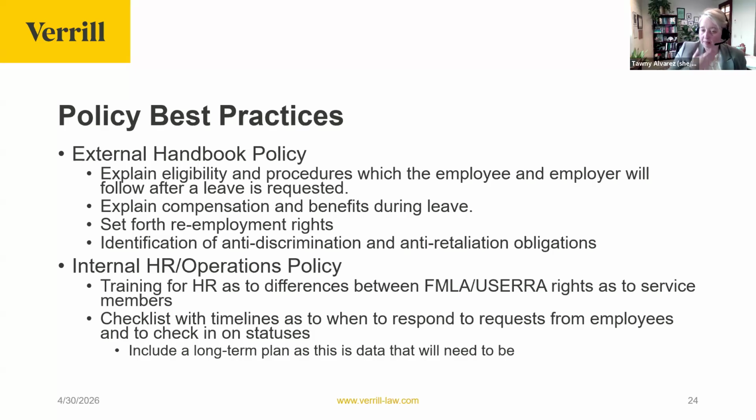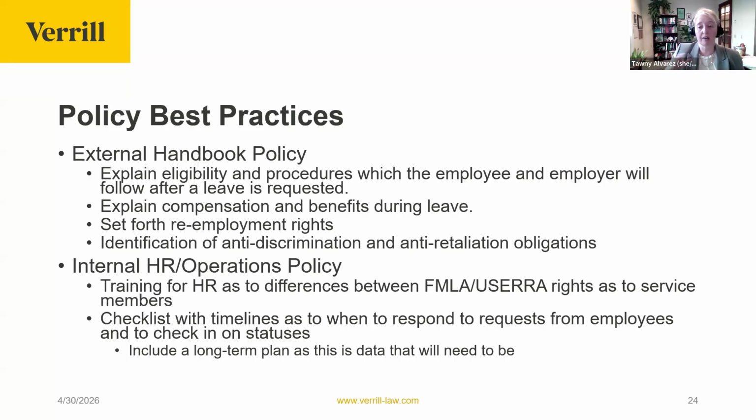It's important in that document because all of the exceptions sometimes are in play. We don't want a 7 or 8 page policy. Provide general information about the employee's rights, responsibilities, and the employer obligations. Specifically, eligibility, how long it's available, what they can expect as to compensation and benefits during the leave, the reemployment rights, the anti-discrimination and anti-retaliation obligations, and then who they should contact to really understand the meat of what their rights are.